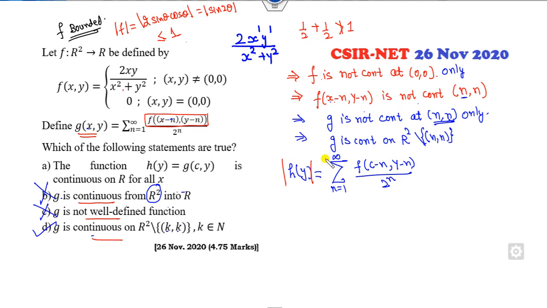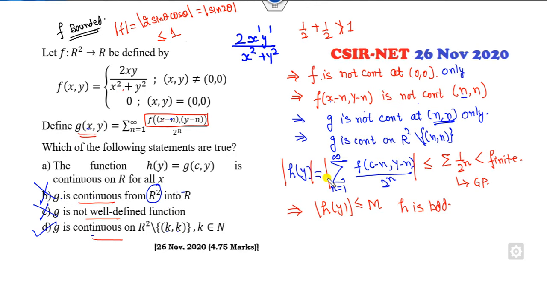It means f is bounded. If I start from here, this is less than 1/2 raised to power n, which is a GP. So this sum is always finite. If this is bounded, it means h is bounded because it is given as a series.